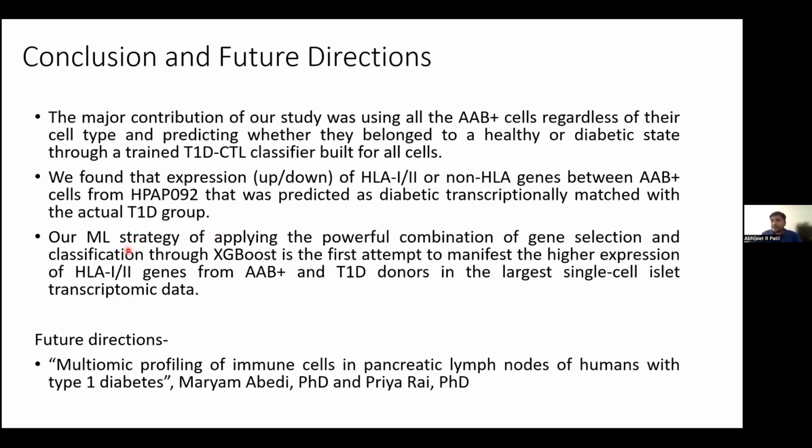So our ML strategy, the powerful combination of gene selection and classification through XGBoost, is the first attempt to manifest the higher expression of HLA1 and 2 genes from autoantibody positive and type 1D donors.